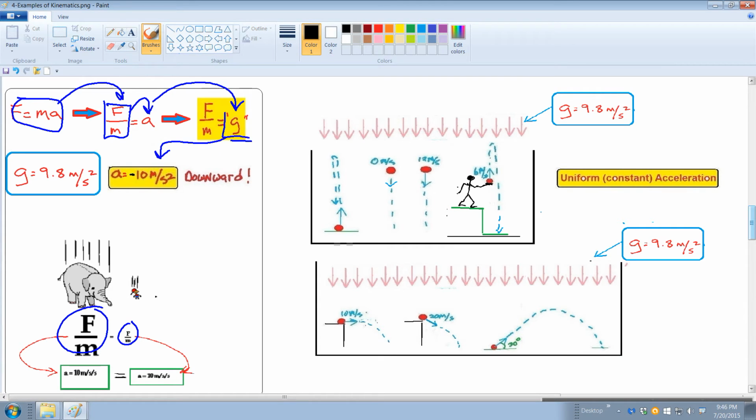So why is g constant if we've got such a big disparity between these two masses? Well, it's because the gravitational force between that mouse and the Earth is less than the gravitational force between this elephant and the Earth. So F goes up when mass goes up proportionately, and F is small as mass is small with the mouse, and so it all is equal to a constant, which is minus 10 meters per second squared.